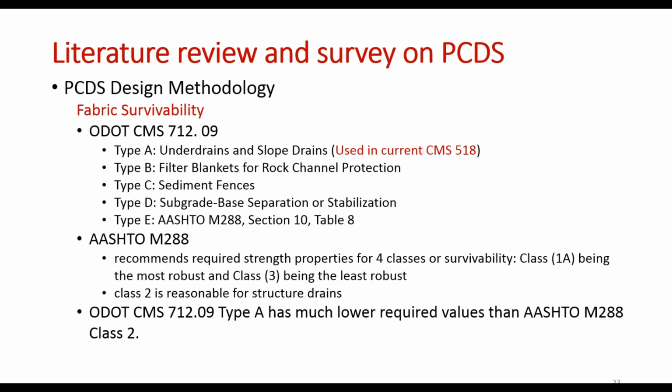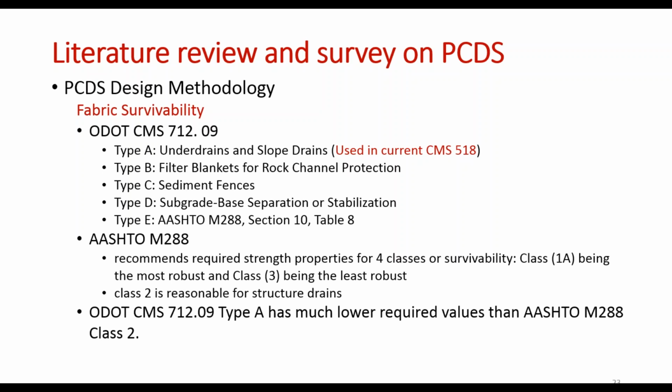So we suggest increasing the levels or the factor of safety when we select the fabric for structural drains. We think the AASHTO M288 Class 2 will provide a more suitable criterion for the fabric in structural drains. This recommendation requires strength properties for 3 classes of survivability.